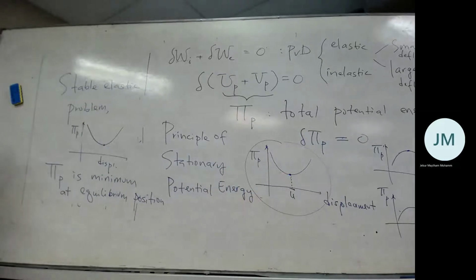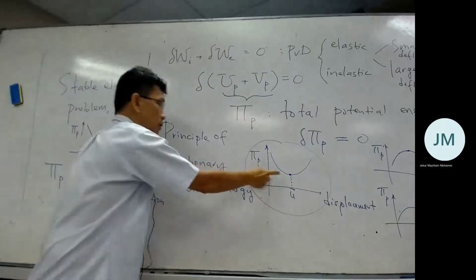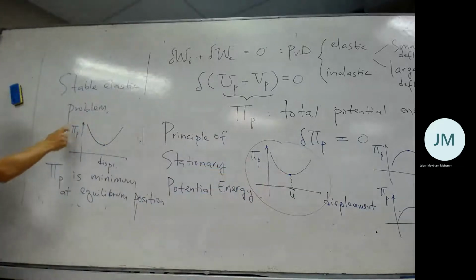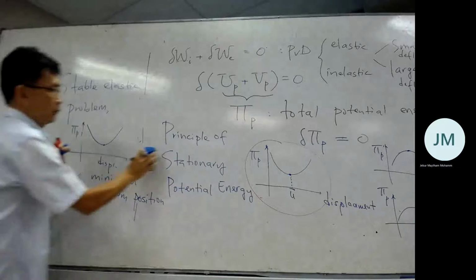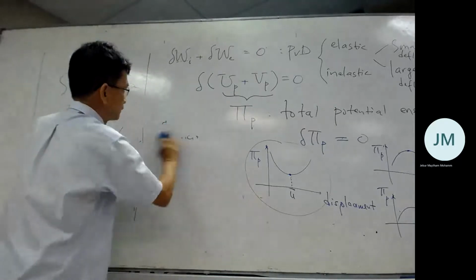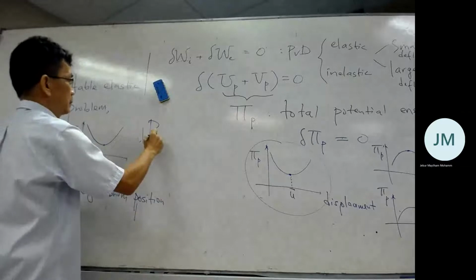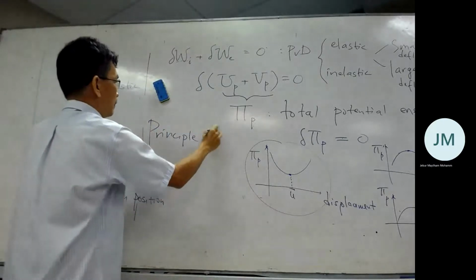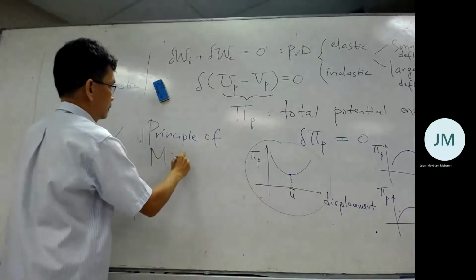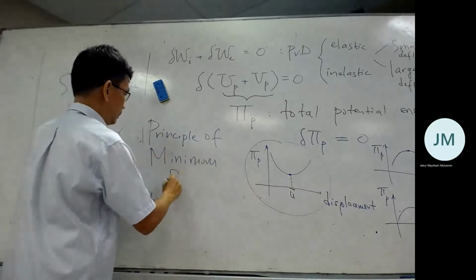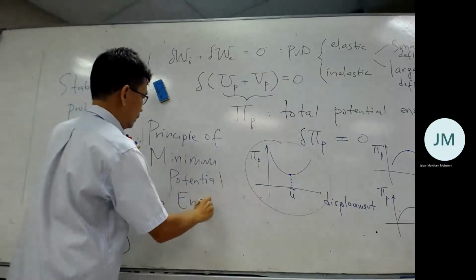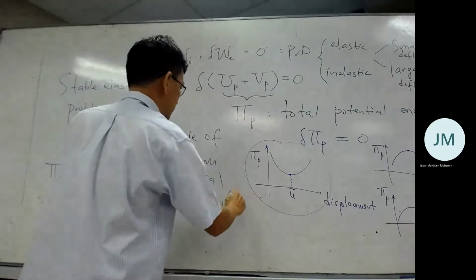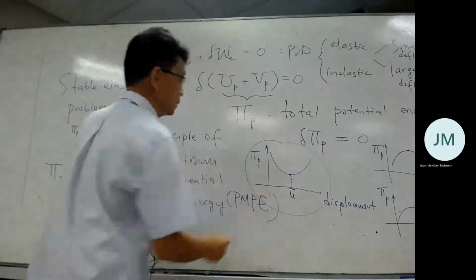So if we restrict ourselves to stable elastic problem, where the total potential energy is minimum, we call this the principle of minimum potential energy, or PMPE here in our lectures.